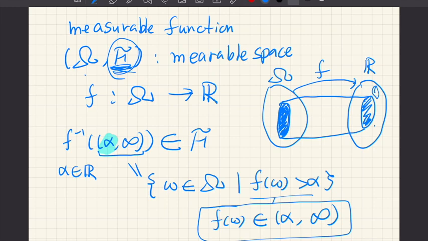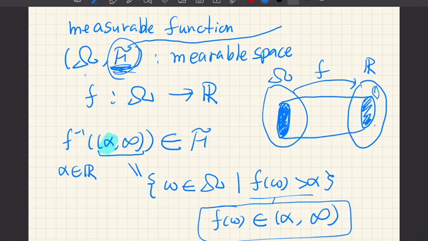So why is it called measurable? Because elements of sigma algebra, which are subsets of omega, are called measurable sets, right? Measurable means it can be measured by some kind of probability measure. If it's not measurable, the probability cannot be defined.